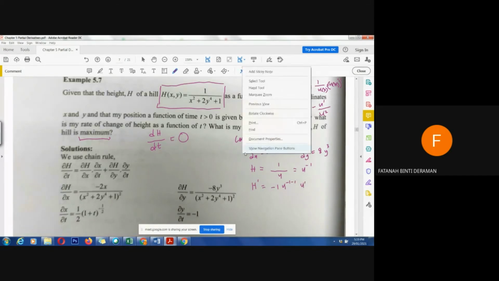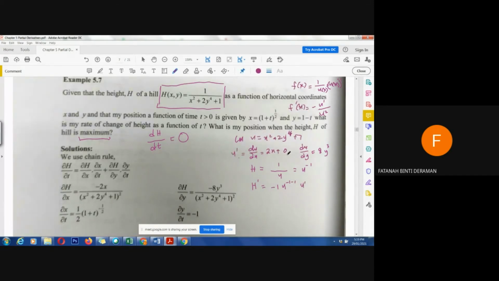This is also a u prime, but here it is with respect to y, and this is with respect to x. Simplify this, we get negative u prime over u squared, so negative u prime times u to the negative 2. Negative 1 plus negative 1 gives negative 2.